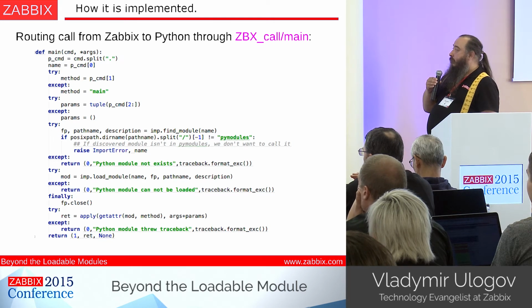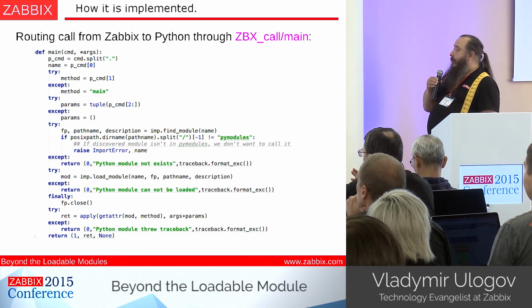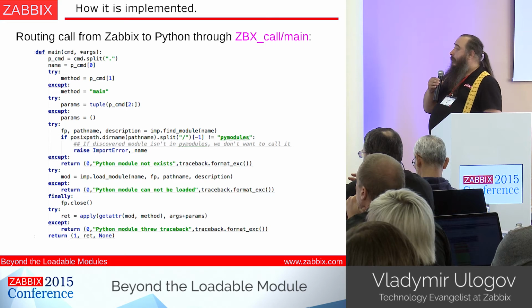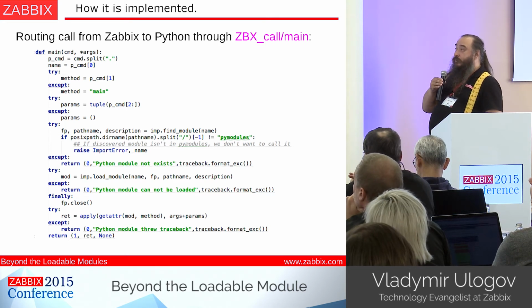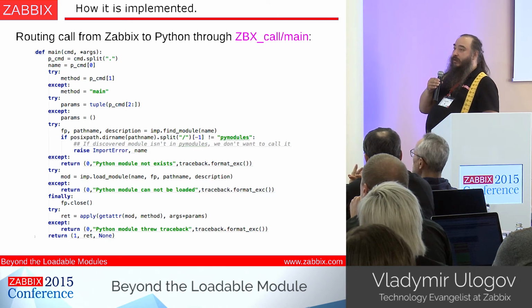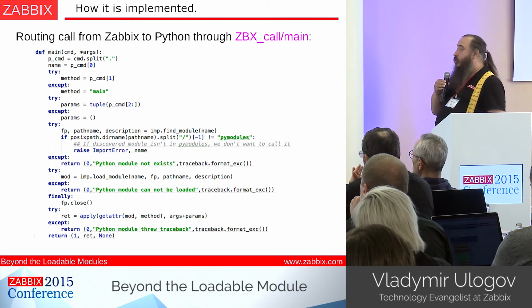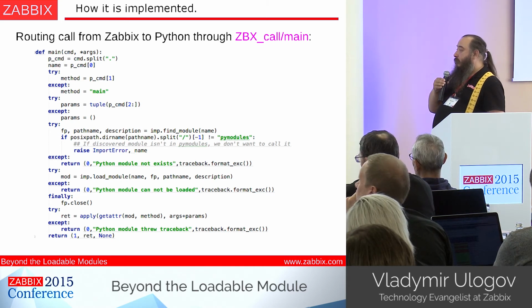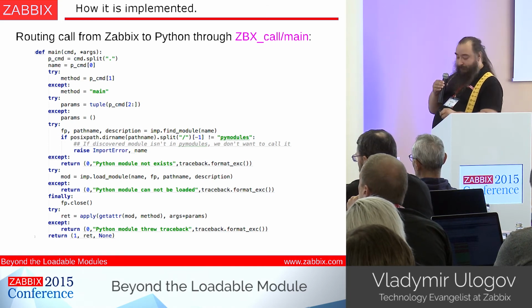Then you find the module. Then here you check if your module is in the directory PyModules. You probably do not want to execute any other Python modules, for example from your default locations. Then you load the module, and then you apply the call.